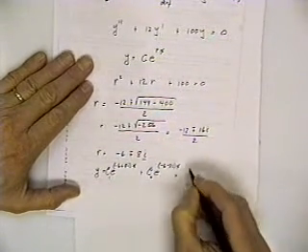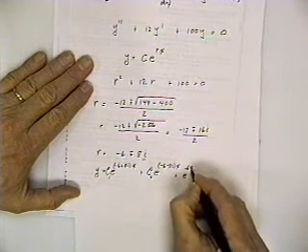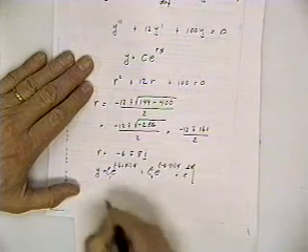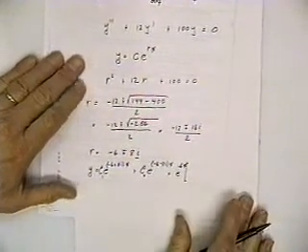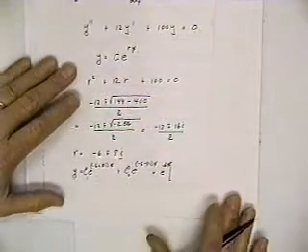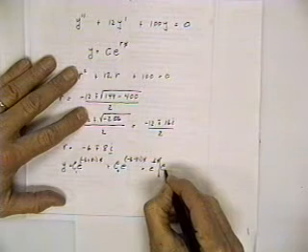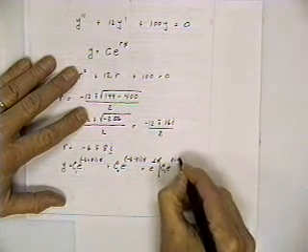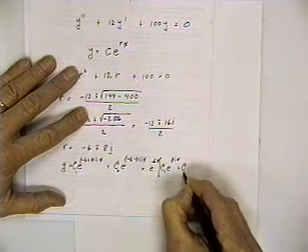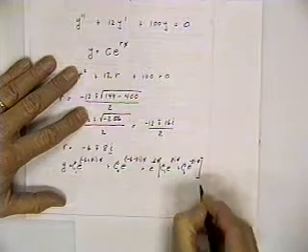And I can pull a term out of this, e to the minus 6x, and write it times c1 e to the 8ix plus c2 e to the minus 8ix.